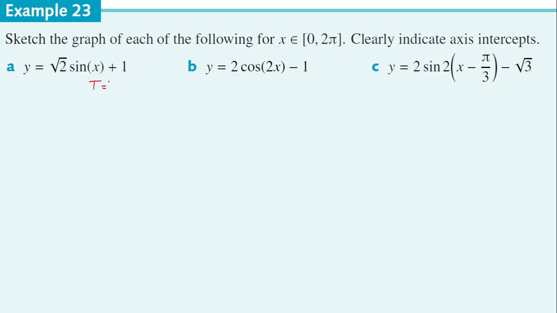So the period here is 2 pi, because 2 pi divided by 1. Here is pi, 2 pi divided by 2 is pi. It means you need to draw 2 cycles here, and here is the same, it's pi. Again, 2 cycles.